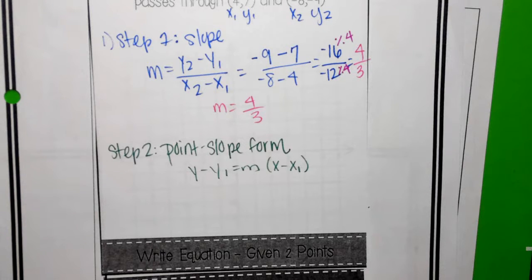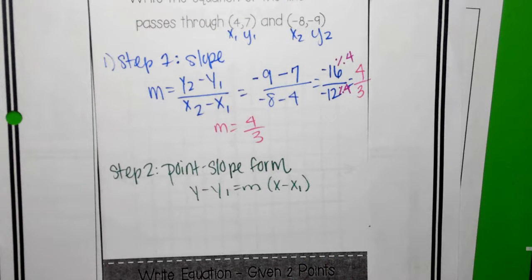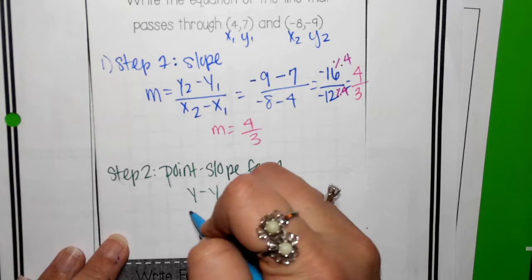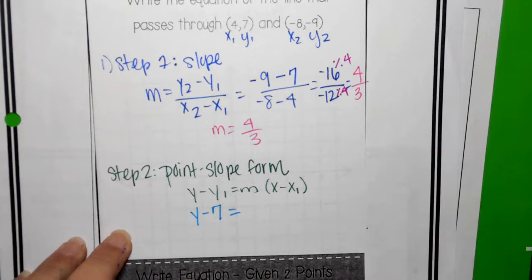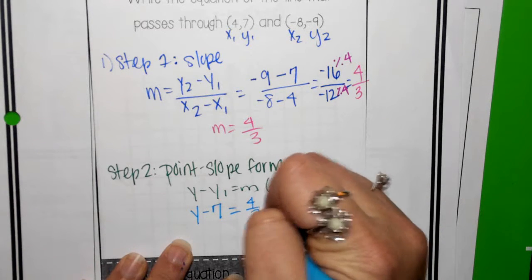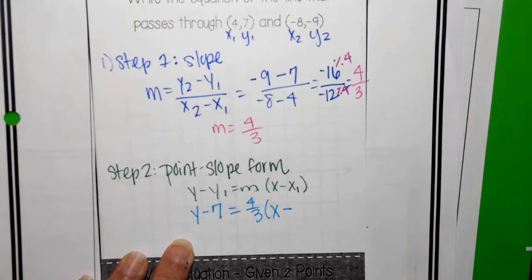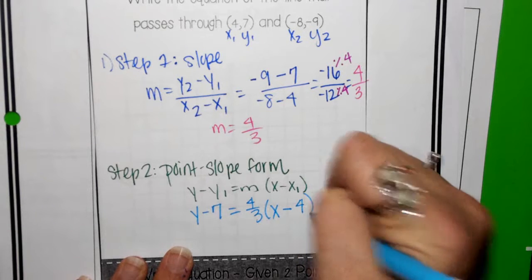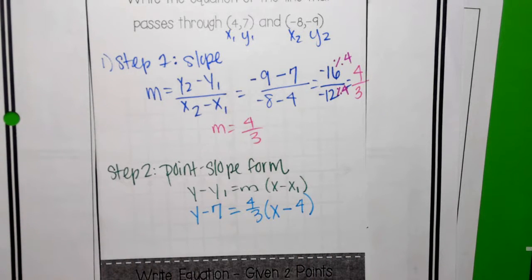Now, do we know what our x1, y1 is? Yes, it told us that up here. We labeled it. So what's our y1? And so would we write minus 7 or plus 7? Minus 7, because you take the opposite. All right, what's our slope that we just found? 4 thirds. X minus what? 4. Are we sure? Yes. Okay.